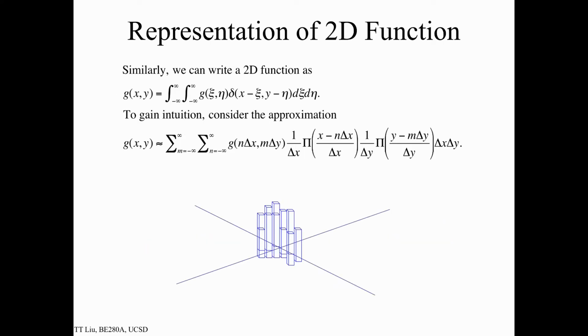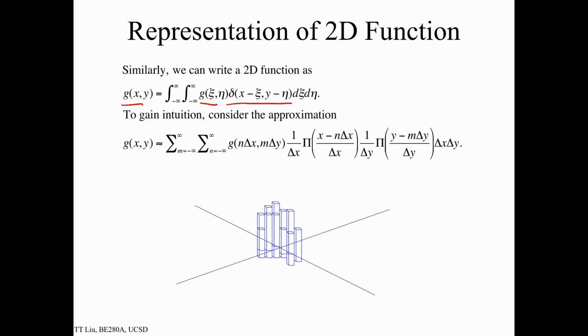Okay. We can do the same thing with a 2D function, where any function g of xy is equal to the shifted delta functions multiplied by their weight. As an approximation, we can assume we have these two-dimensional functions of finite width and finite height.